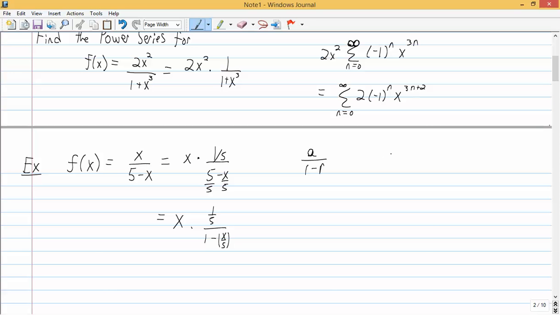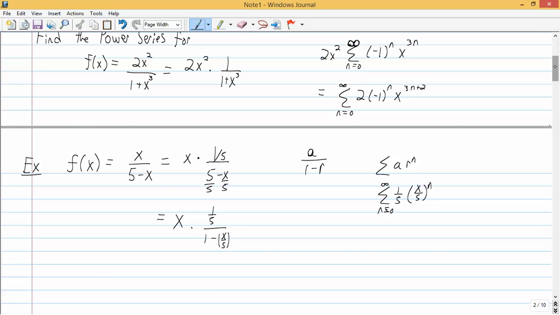Okay, so the summation here, the formula is a times what? R to the n. And so it's the summation of 1/5 times x over 5 to the n.